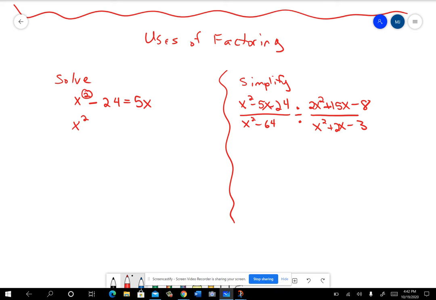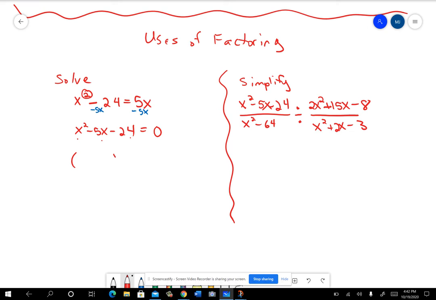And when you do, you're going to do that by using something you learned with equation solving. You're going to want to move that 5x to the other side. So you're going to subtract 5x. All right, when you do, put it so that the terms are in order. X squared minus 5x minus 24. So you have your squared term, your x term, and your constant. And then that would equal 0.